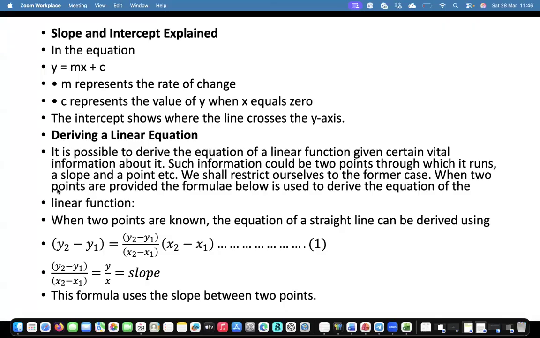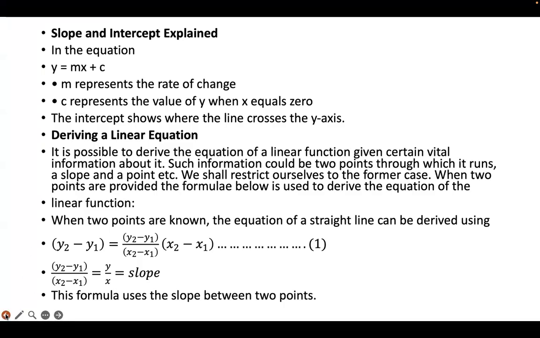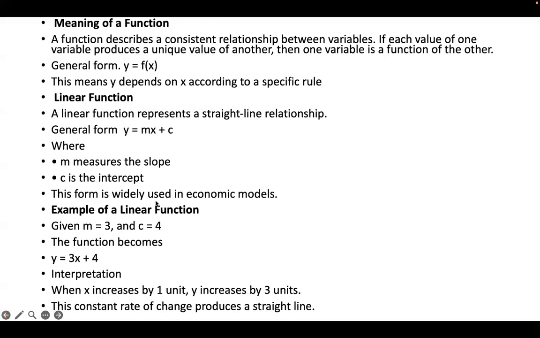The c, which is the intercept, is the value of y when x is equal to 0. Now we know that m is 3 and c is 4. So when we represent x as 0, what will y be?